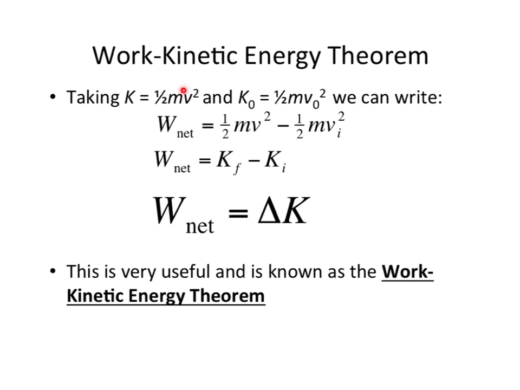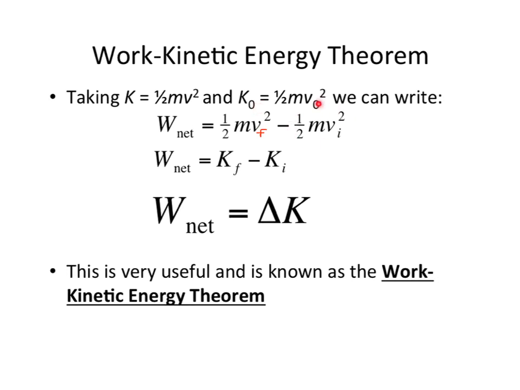Our final kinetic energy is 1/2 mv final squared, and initial kinetic energy is 1/2 mv initial squared. So if we have a change in kinetic energy, final minus initial, that's 1/2 mv final squared minus 1/2 mv initial squared.